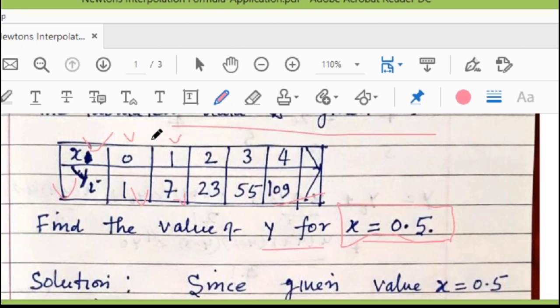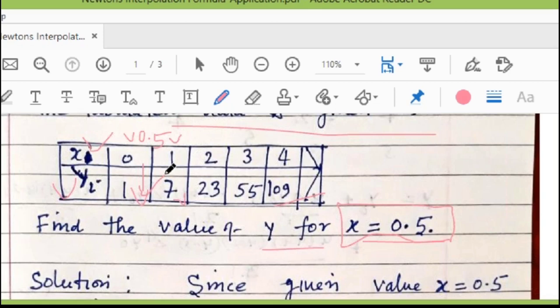So 0.5 lies here, in between 0 and 1, but its value is not given. Its value has to be estimated or approximated.